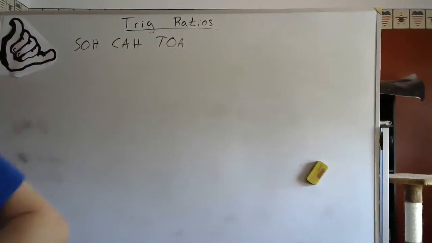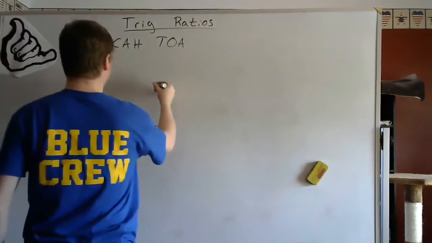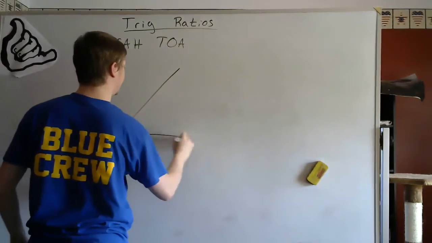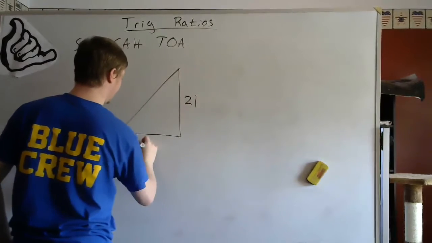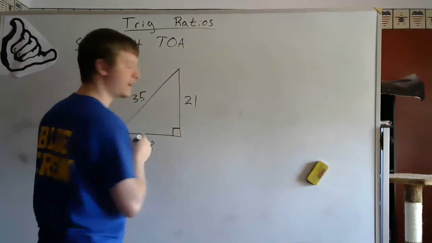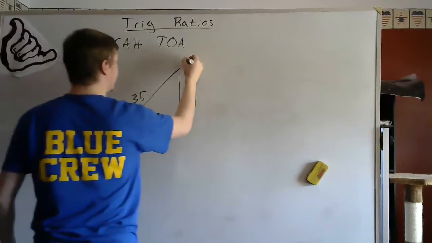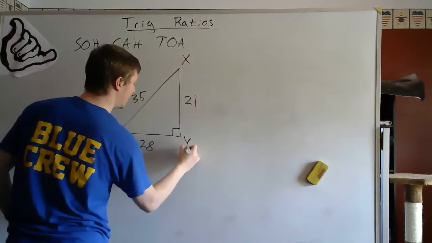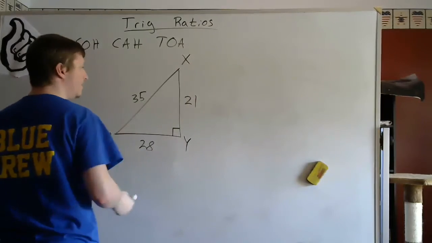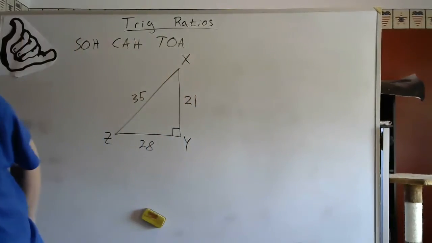The triangle given is 21, 28, 35. And they have these angles labeled X, Y, and Z.